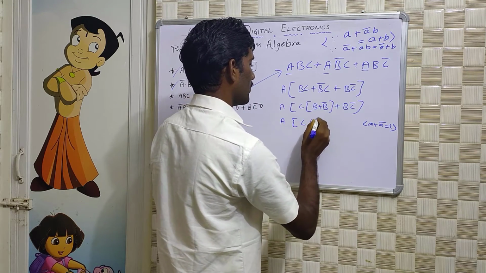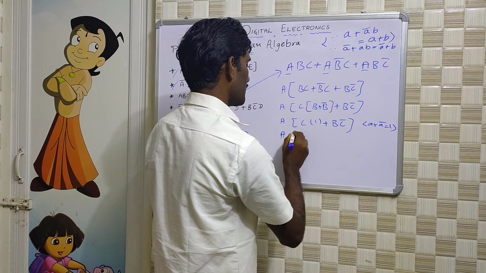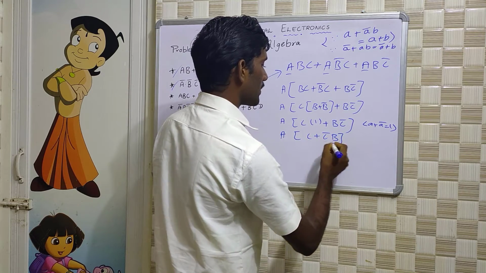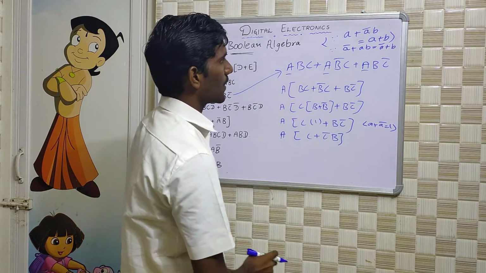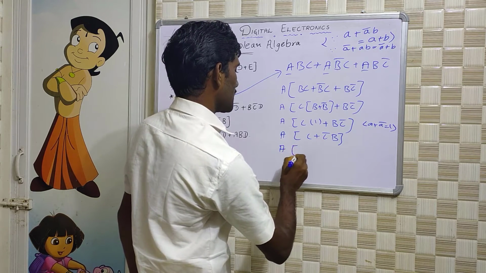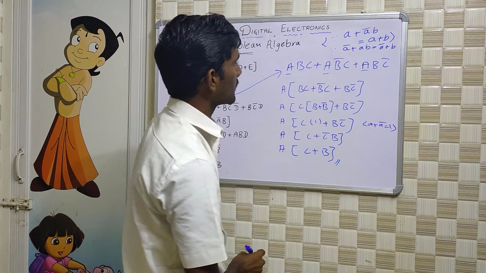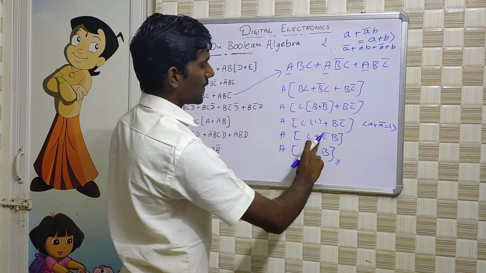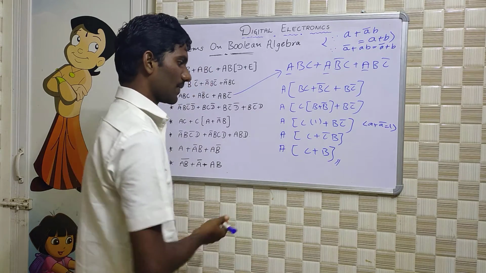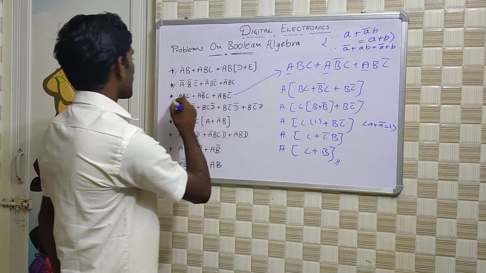So C into 1 plus B C bar, that is C plus C bar B. Again the same formula, A plus A bar B is equal to A plus B, so we get A into (C plus B). This is the answer for the third question.